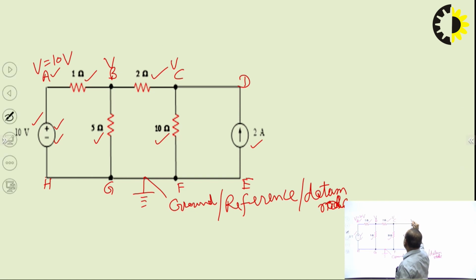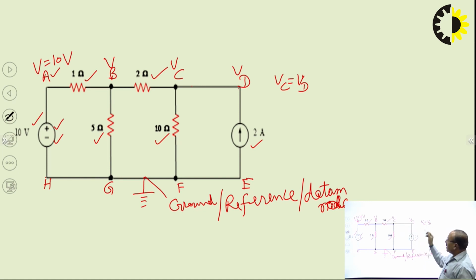But the potentials of C and D will be equal, since between C and D there is no resistance, only a simple wire which has almost 0 resistance. That is why there will be no voltage drop with the flow of current in this path CD. So VC will be equal to VD.